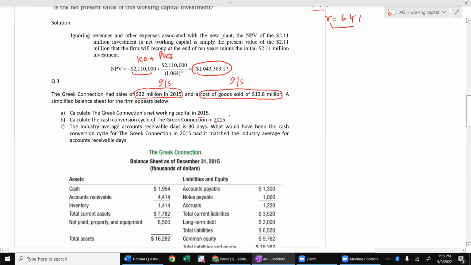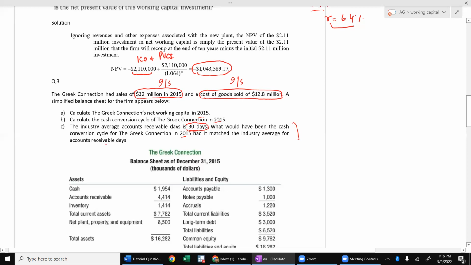Then the question says that if the industry average account receivable days is 30 days, what would have been the cash conversion cycle for the Greek Connection in 2015 had it matched the industry average for account receivable? So if the account receivable days of this company are similar to the industry, what would be its cash conversion cycle? We need to calculate that.